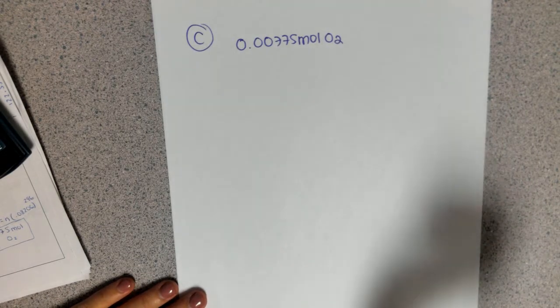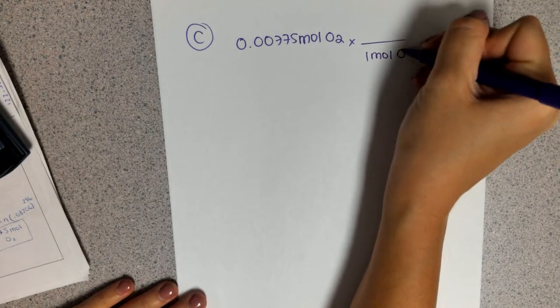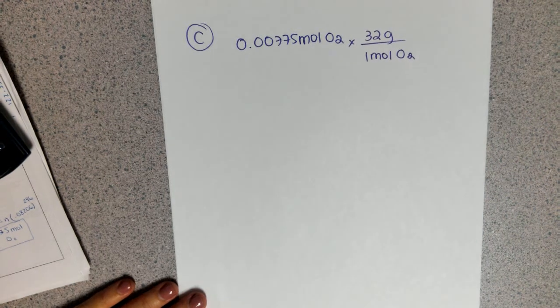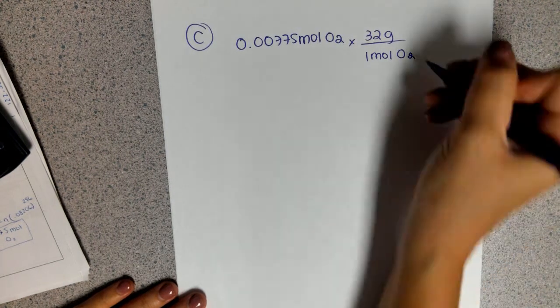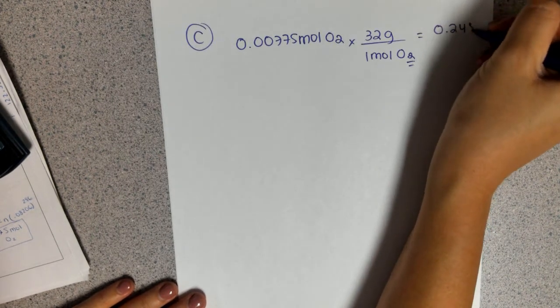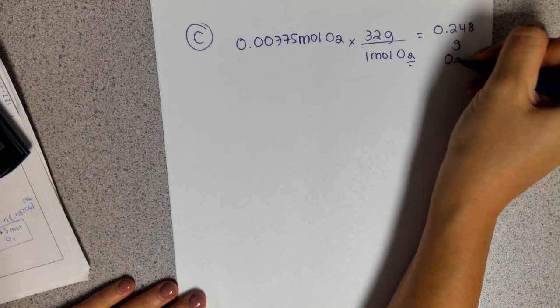Now remember it's O2, so 1 mole of O2 has 32 grams, not 16. You have to multiply the molar mass by 2 because there are 2 oxygens, and that is 0.248 grams of O2 collected.